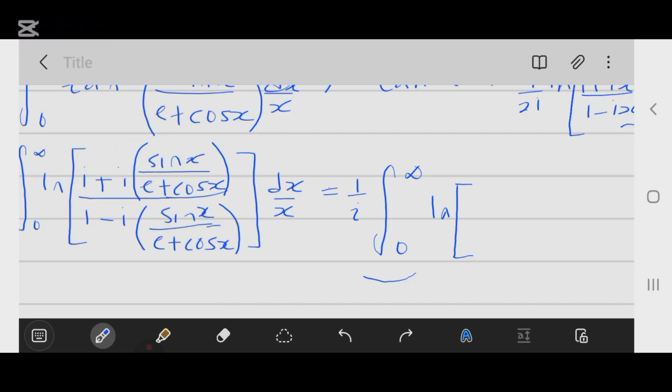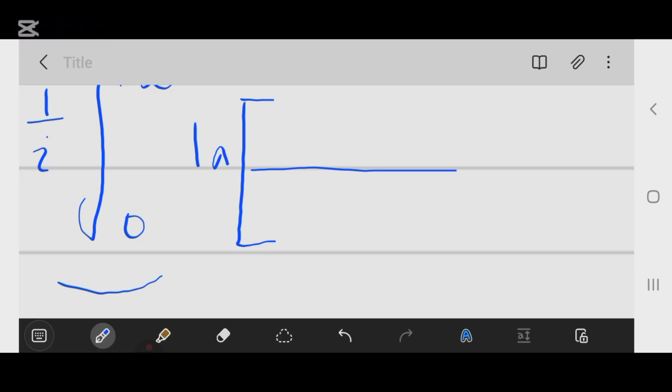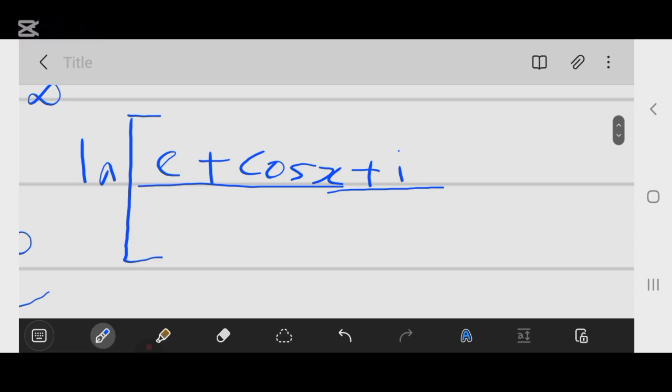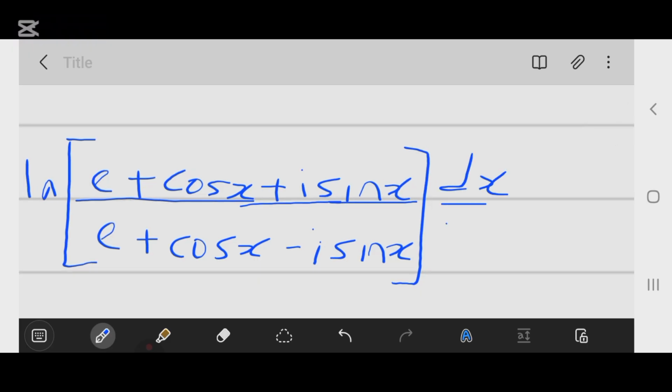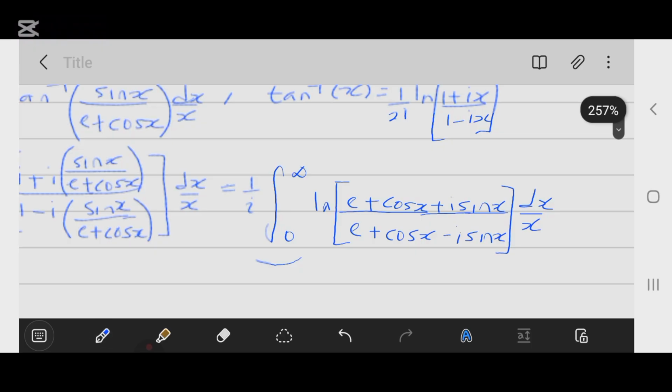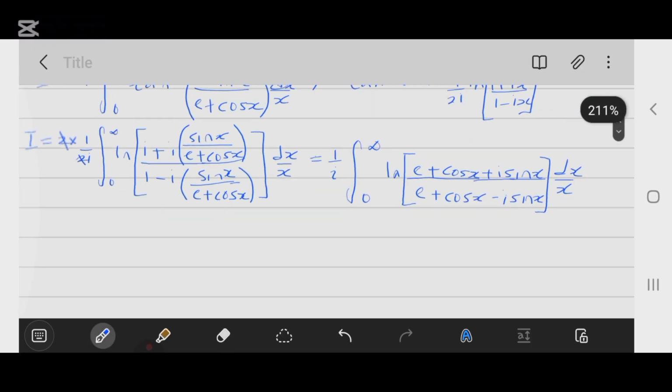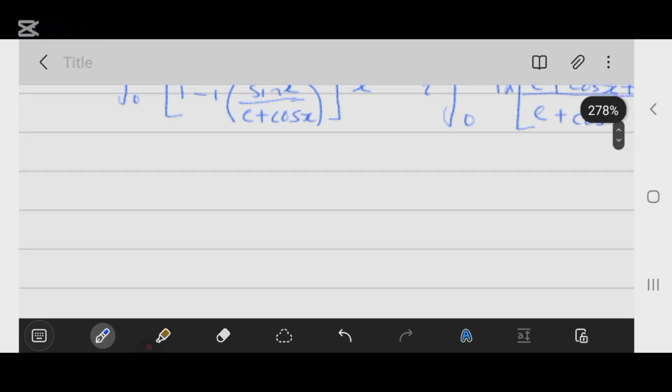Simplifying this complex structure, I have... Alright, let's proceed.